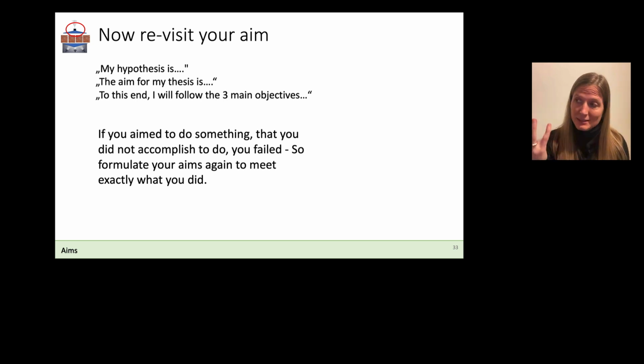A typical example would be you set out to make a knockout, but for technical reasons you were not able to obtain this knockout. And this is not a problem, especially in a bachelor or master's thesis. You can still write your thesis. You just should not write in your aim something that you didn't achieve. So after you have written your results, revisit your aims. Formulate your aims again to meet exactly what you did.